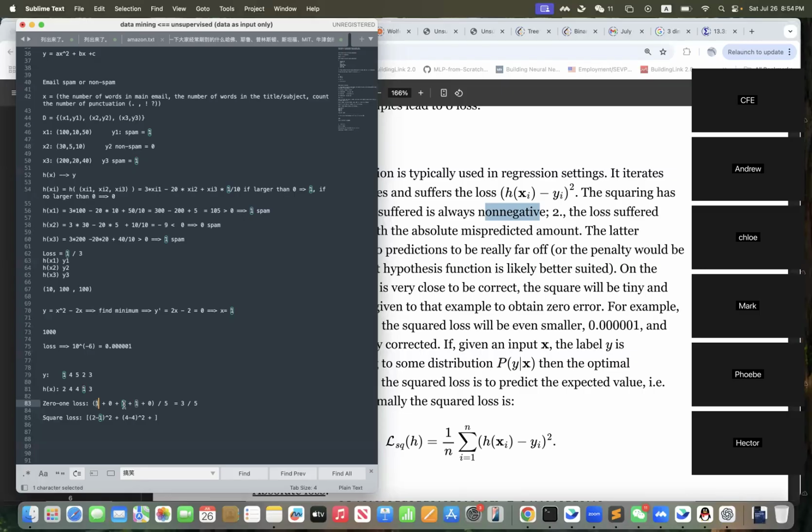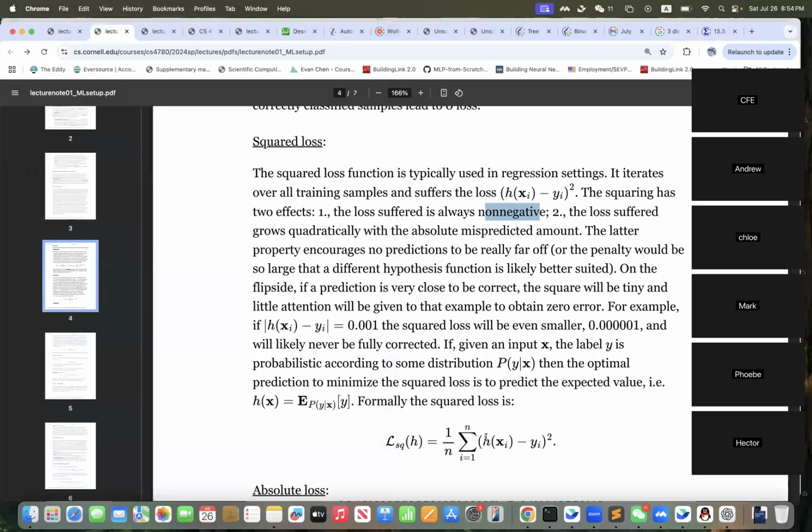Why is every term in this sum non-negative? Because we should never ever reward you for making one correct prediction.